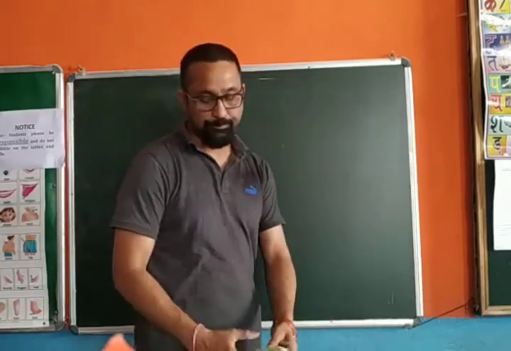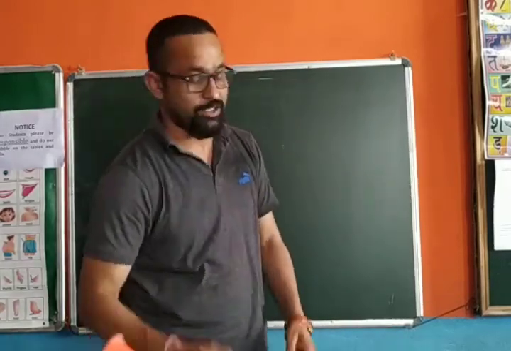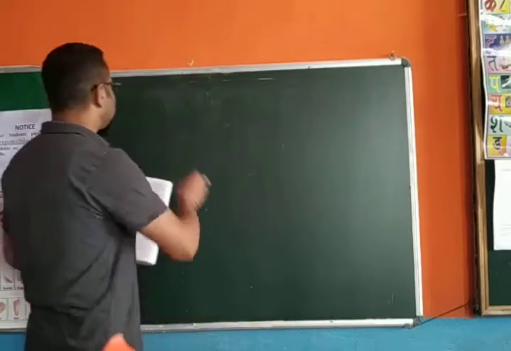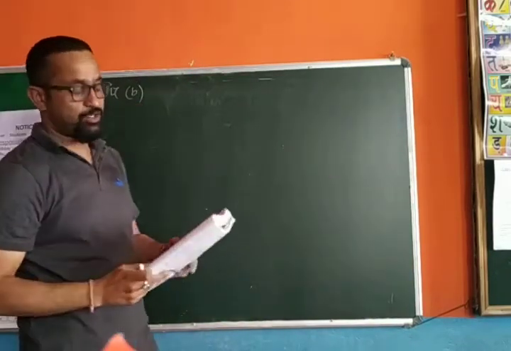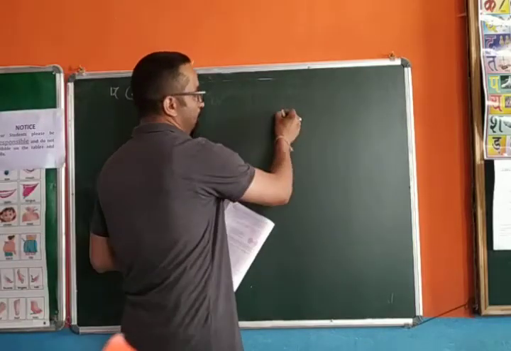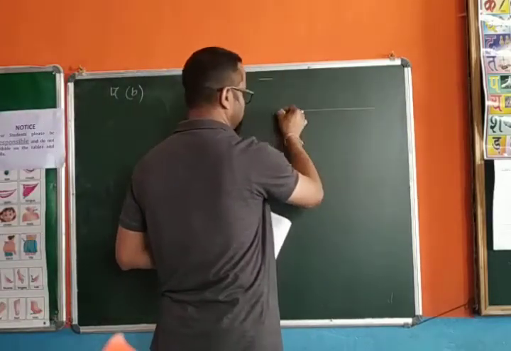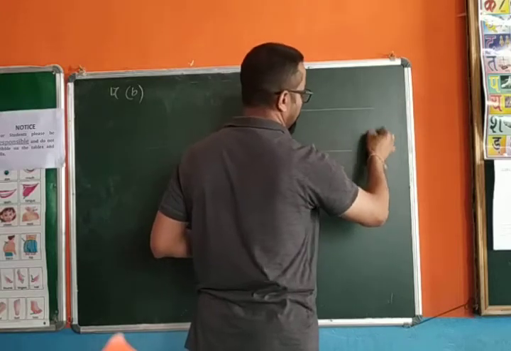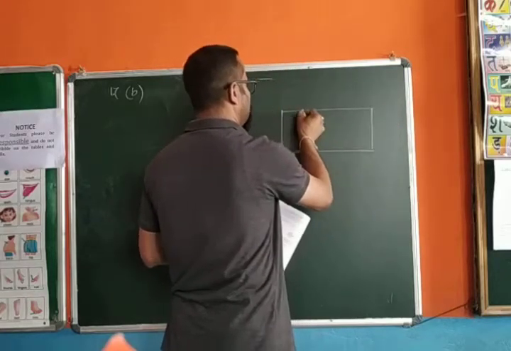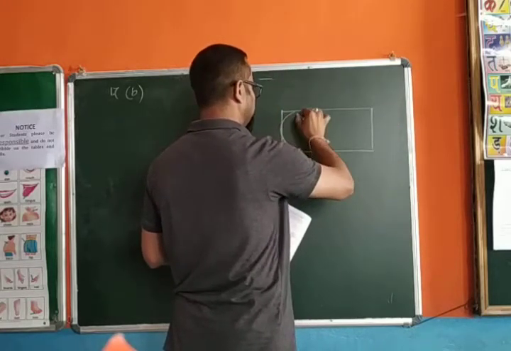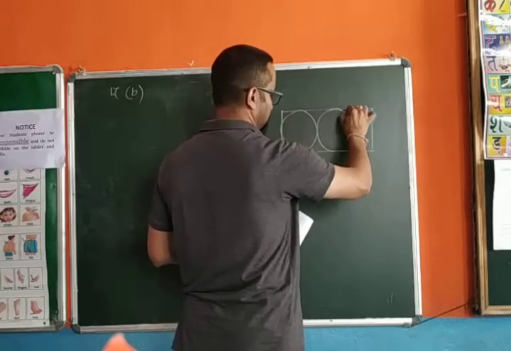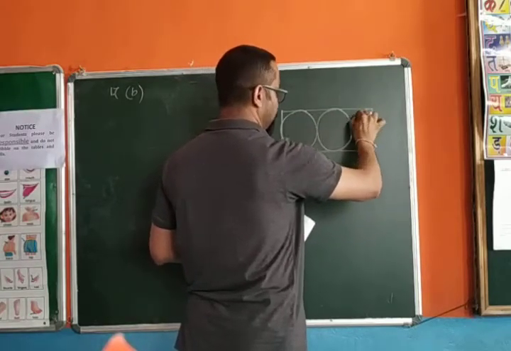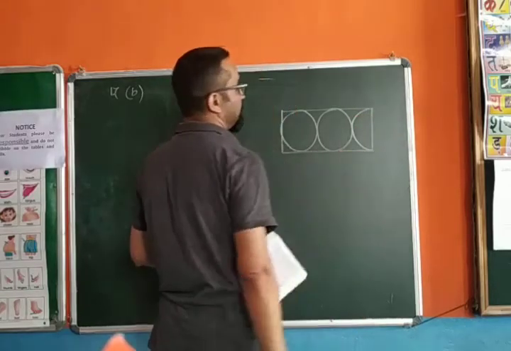Now look at question number 17b, a figure based question. You have a rectangle, there are two circles inside, and you have a semicircle.